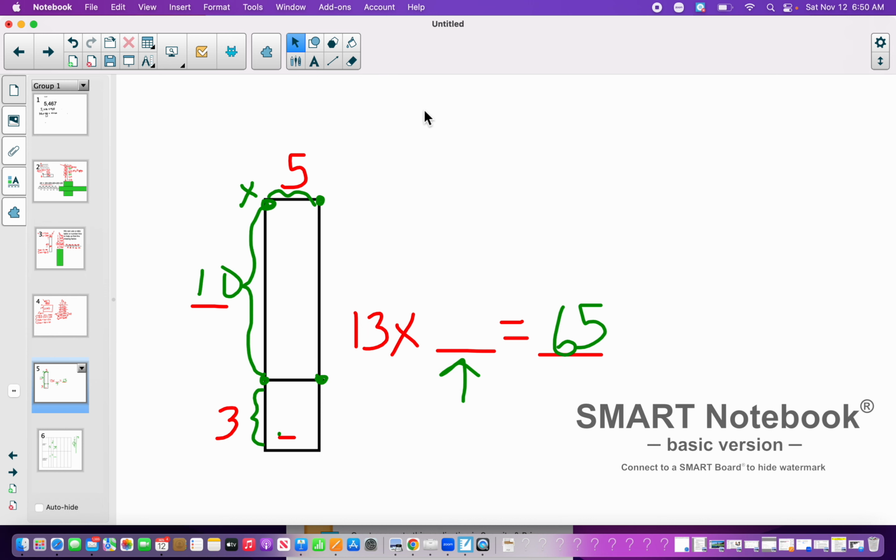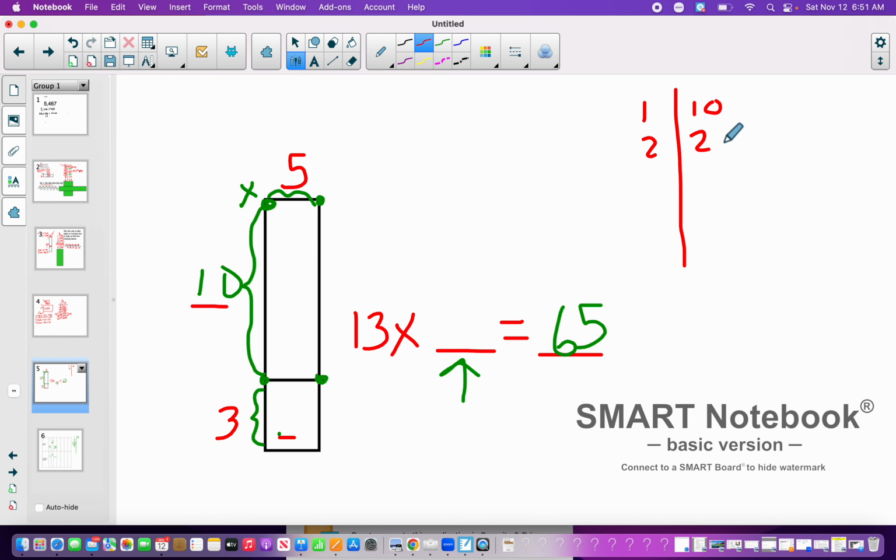So I'm going to go 10 times 5. You could do a ratio table. Or I could do 5 times 10. I'm going to do 5 times 10. 1 times 10 is 10. 2 times 10 is 20. 3 tens is 30. 4 tens is 40. And then 5 tens. 10 plus 10 plus 10 plus 10 plus 10 is 50.